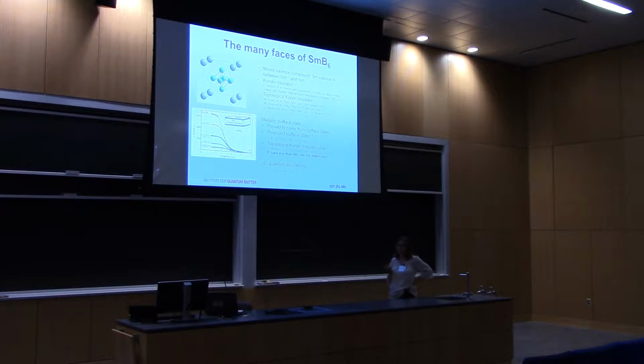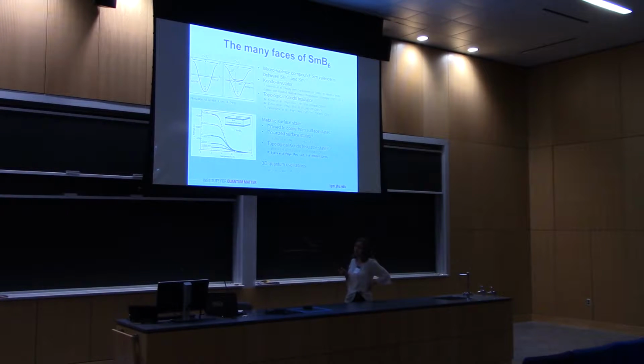And for me, as a newcomer to this field, it's still amazing that in this situation the material doesn't become a metal, but instead it creates hybridization gaps. The f and d orbitals of samarium hybridize, and then it becomes a Kondo insulator or Kondo semiconductor. I think that terminology just varies, but talks about the same thing.